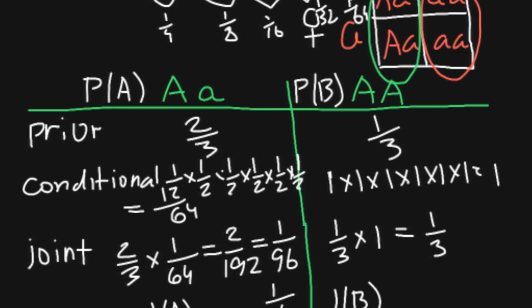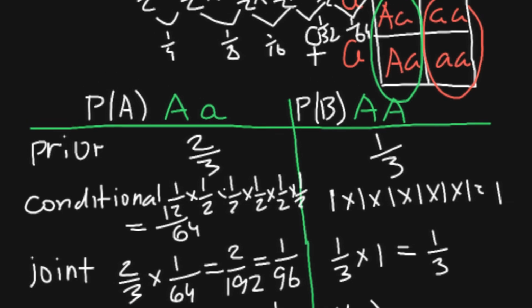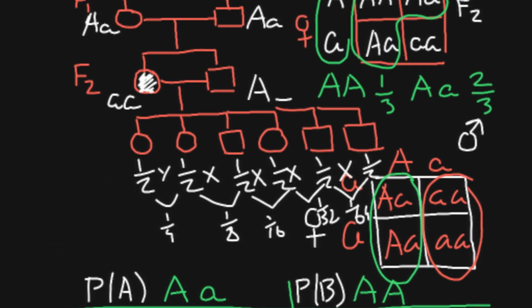So once again, let me put these numbers directly in our pedigree. Our prior probability numbers are here.